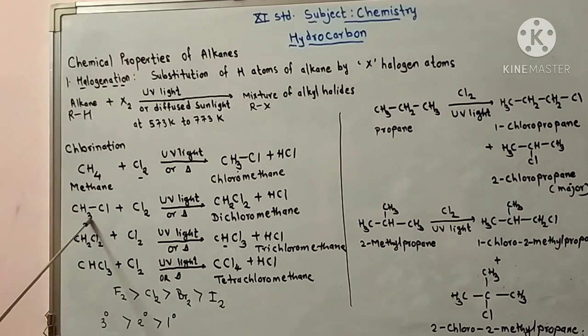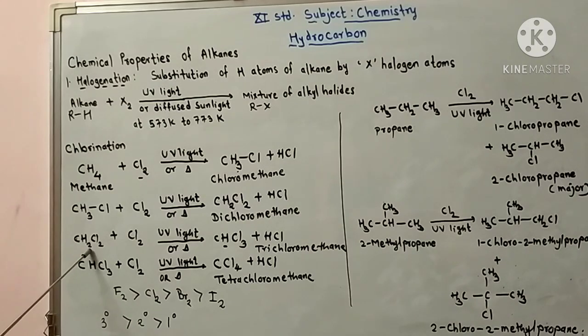A hydrogen atom of CH3Cl is replaced by a Cl atom, so we get the formula CH2Cl2. Then this CH2Cl2 plus chlorine Cl2 in the same reaction condition gives CHCl3 plus HCl. This is trichloromethane.